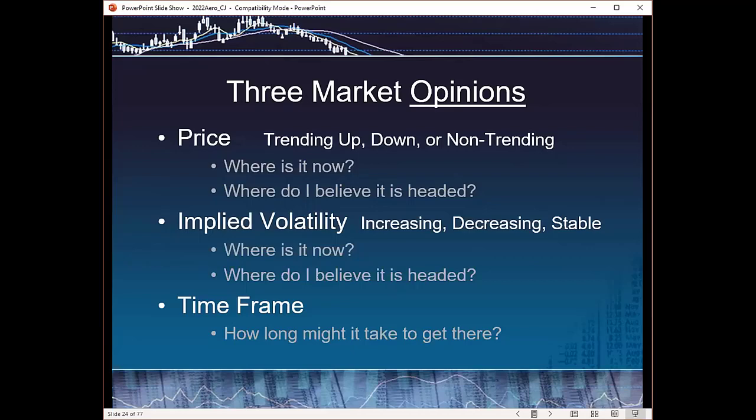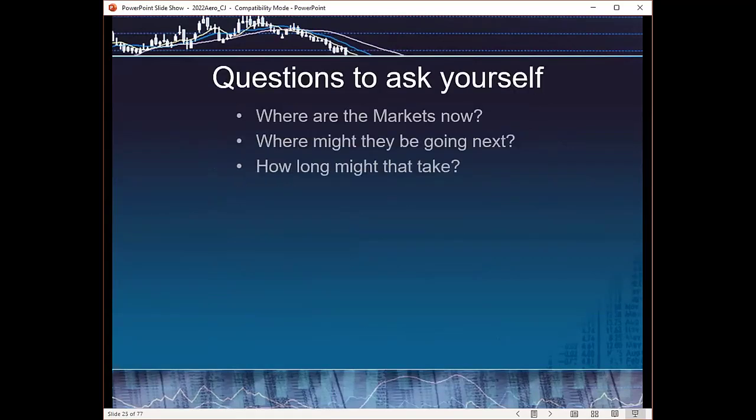I need to have some idea of how long it might take to get there, whether that's price or implied volatility. As a stock trader, you probably only have one opinion, it's on price. But as an options trader, we really need these three opinions: price, implied volatility, and time frame, to help us decide how best to implement that.